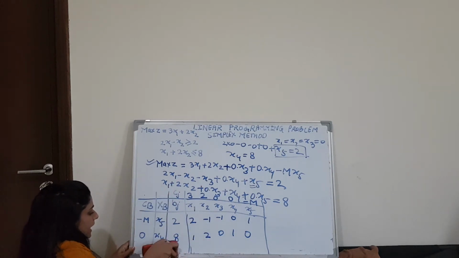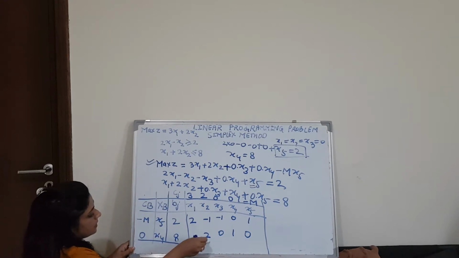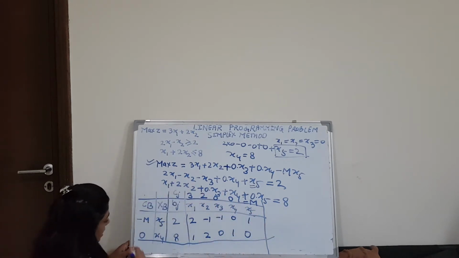In the last row we will calculate Zj minus Cj.